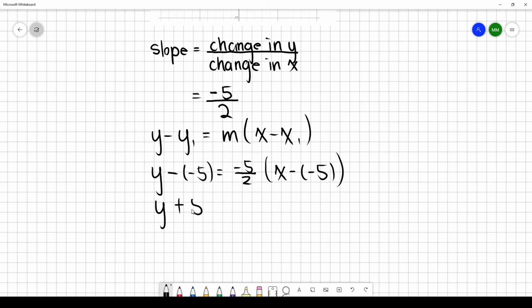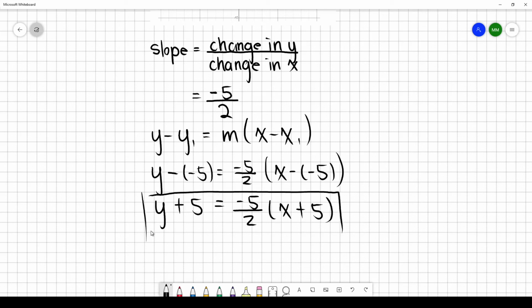It's a good idea to simplify it a bit, but this is actually all I need. You don't need to simplify it that much. No, this is all that you need.